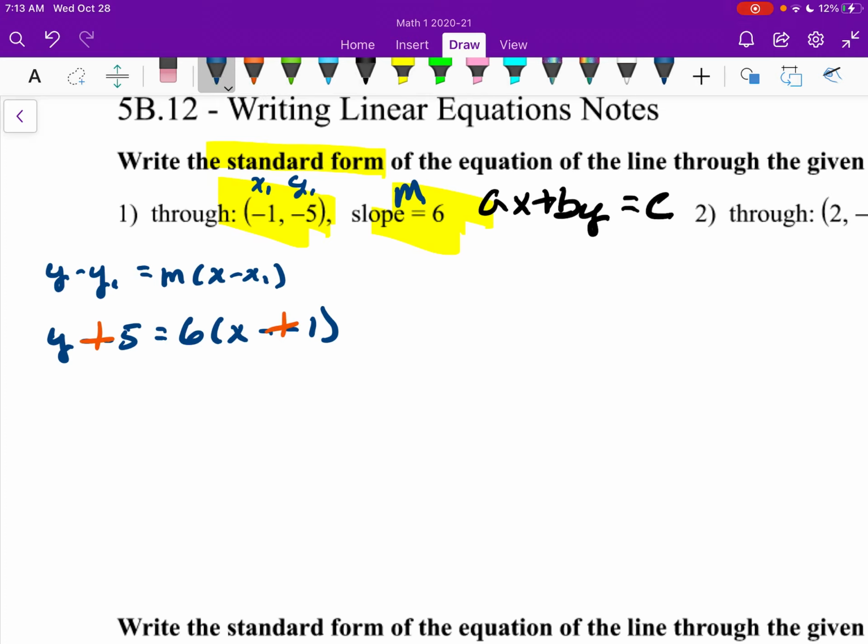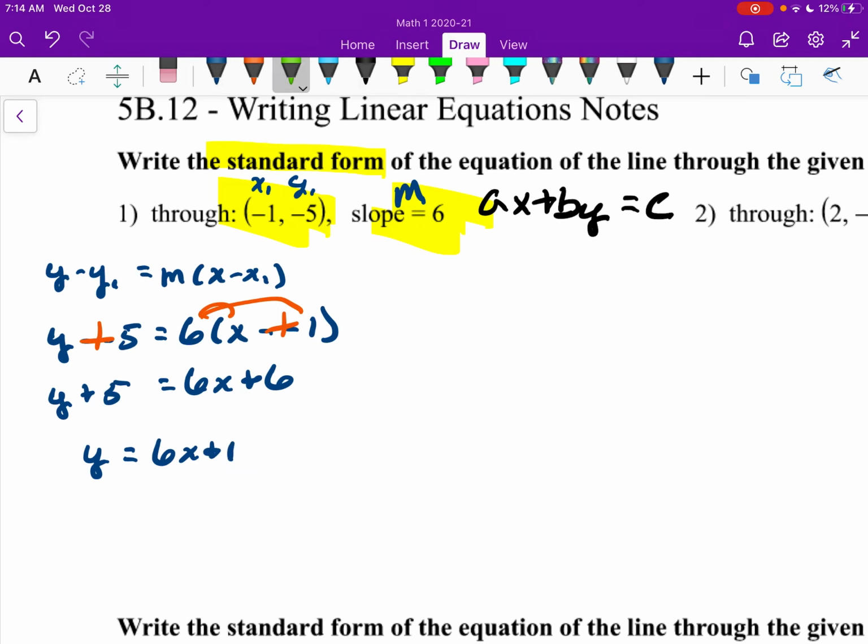So now we need to make it look more like general form or standard form. I'm going to distribute my 6 to the x and to the 1, so I'm going to have y plus 5 equals 6x plus 6. And now I'm going to subtract 5 from both sides, and I get y equals 6x plus 1.